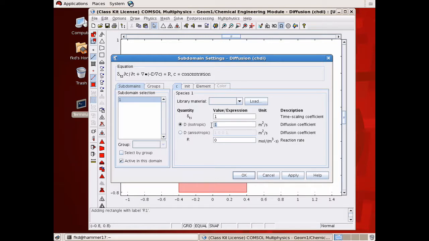Can't remember. So this is the equation it's solving. It needs a value for storage, which operates on concentration or head. This is the conductance matrix on concentration, which is head. We've chosen magnitudes of 1 for both. I guess this was actually 2, wasn't it? It doesn't really matter.